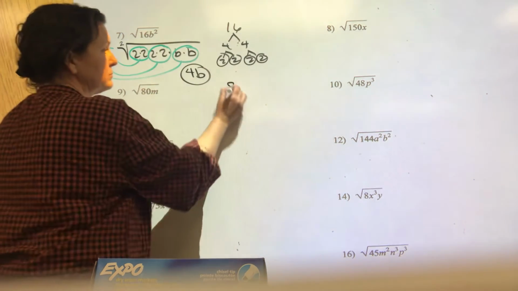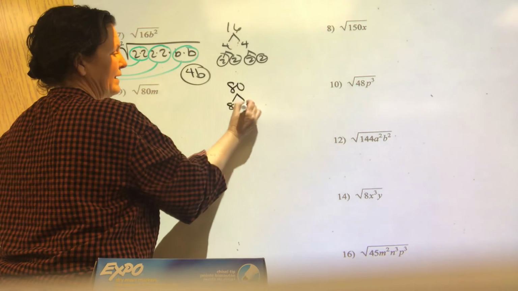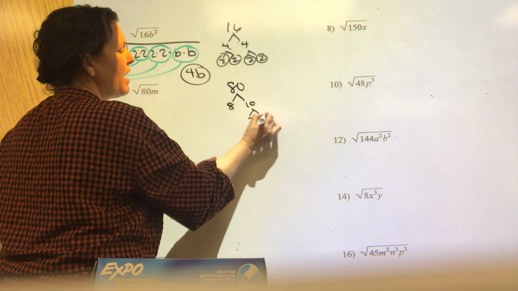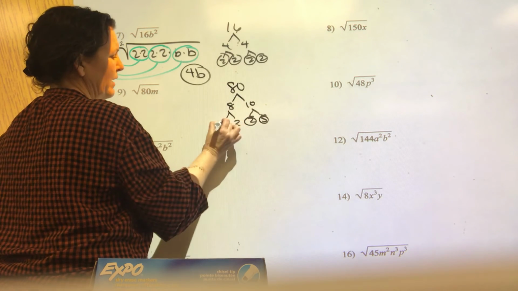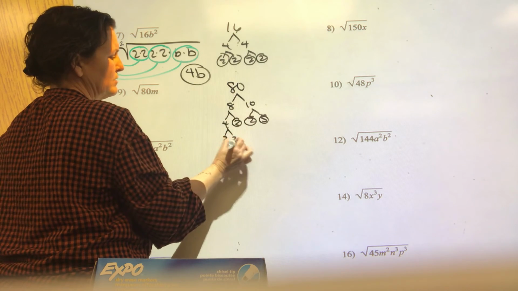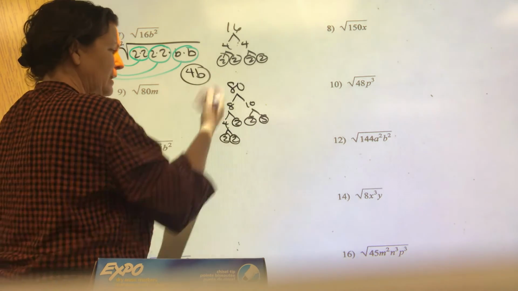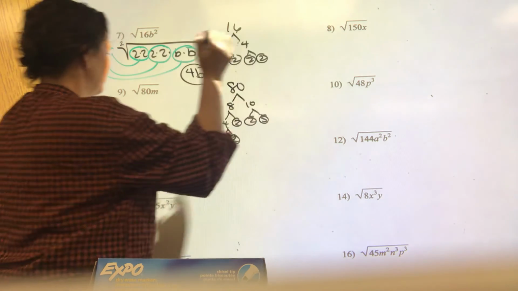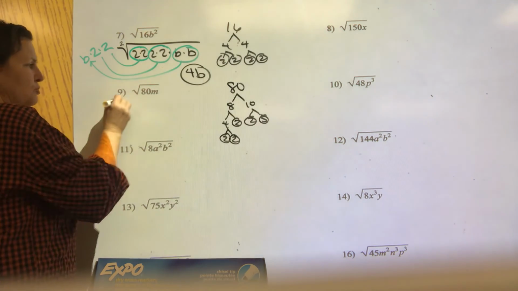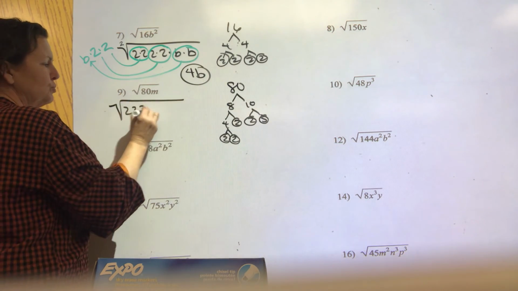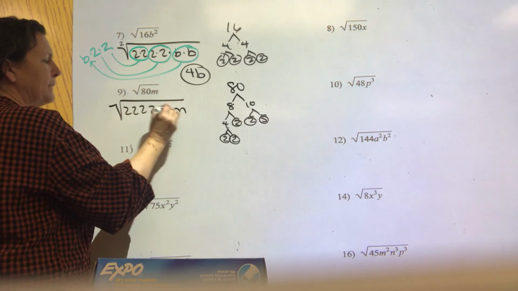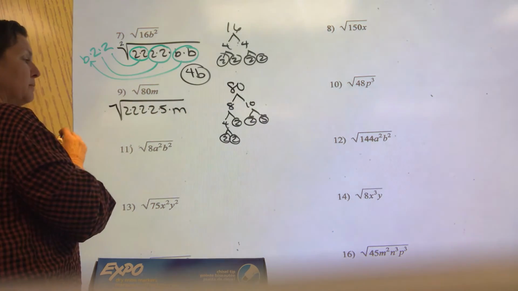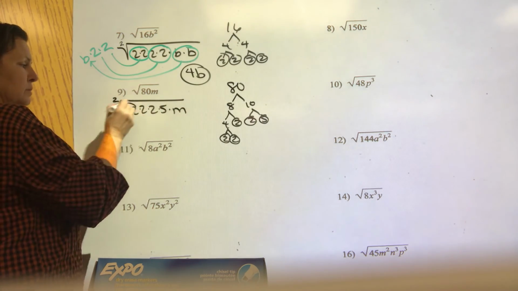Let's try 80. So 8 and 10, 2 and 5, 2 and 4, and 2 and 2. So 80 breaks down to be 2, 2, 2, 2, 5. And then we have a single M. Don't forget M. 2, 2, 2, 2, 5, and an M. Perfect. I'm looking for sets of 2.